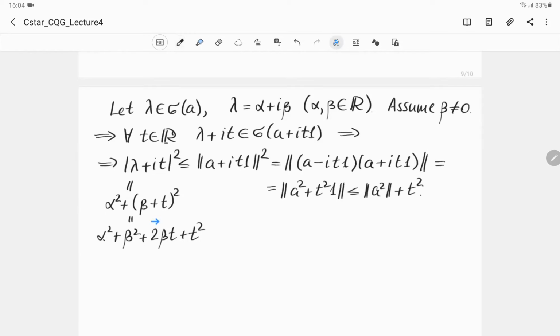Now we compare this and this. We see that this number is less than or equal to this number. So after we cancel t squared, we conclude that alpha squared plus beta squared plus 2 beta t is bounded by the norm of a squared for each real number t.